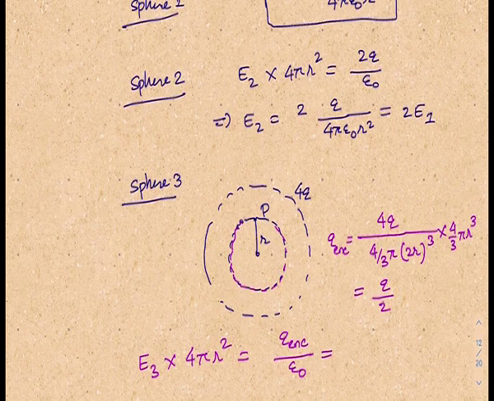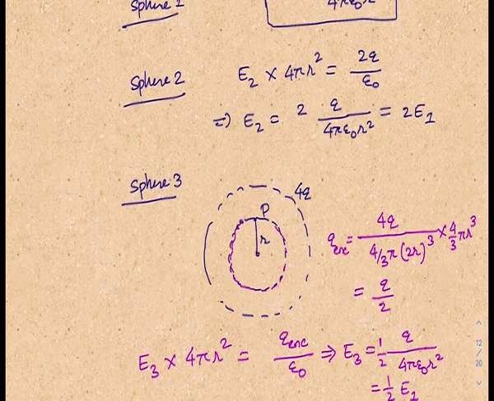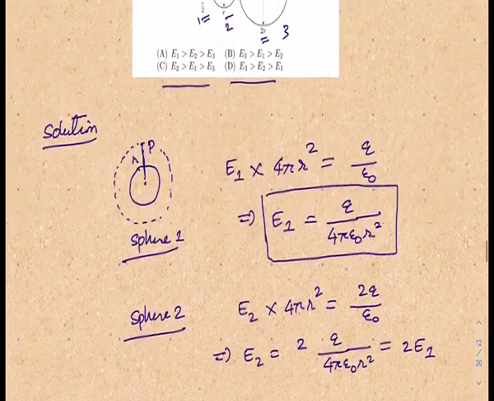So this implies that your E3 is equal to q divided by 4 pi epsilon 0 r square, times half. So this is half of E1.